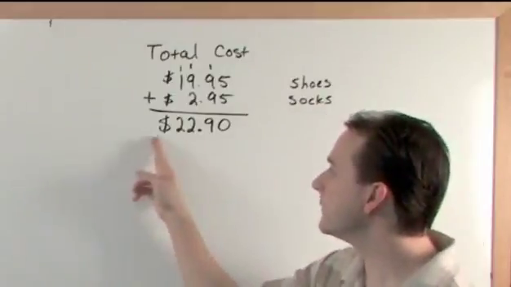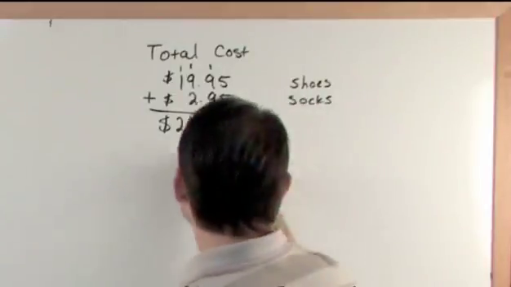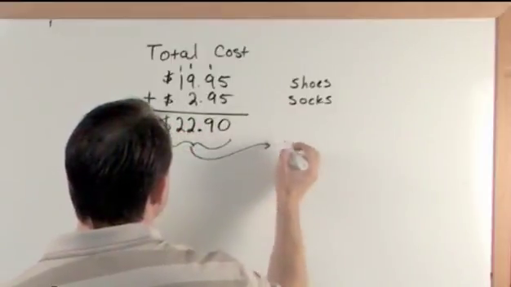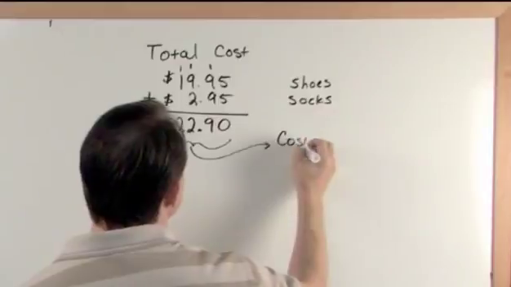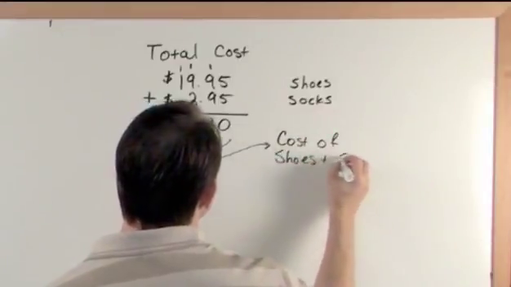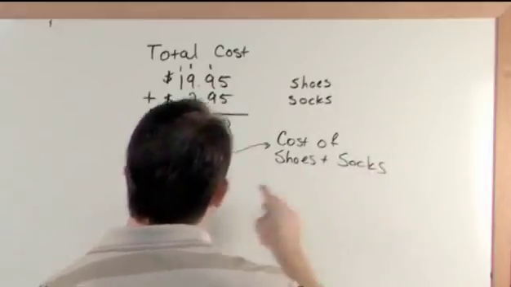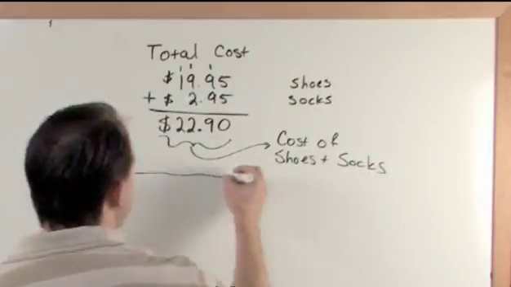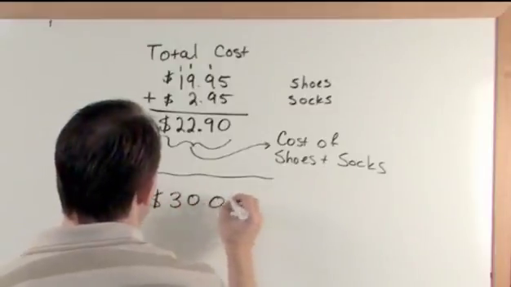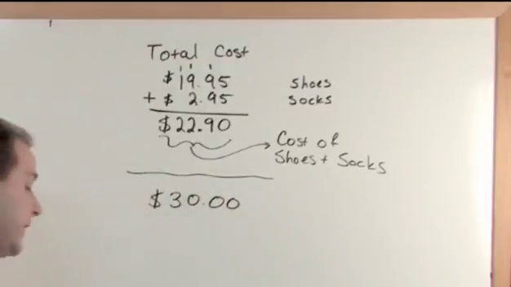So what we found is that this number right here is the cost of shoes plus socks, $22.90. But we're handing the cashier $30, and the problem asks how much change you should get.